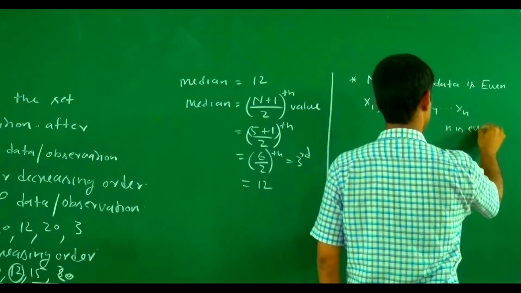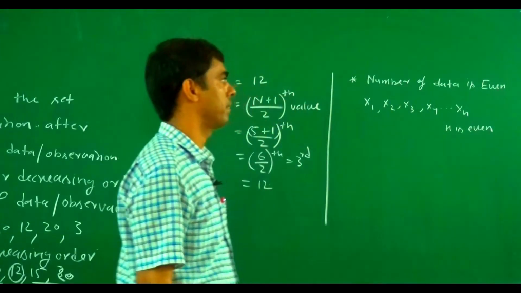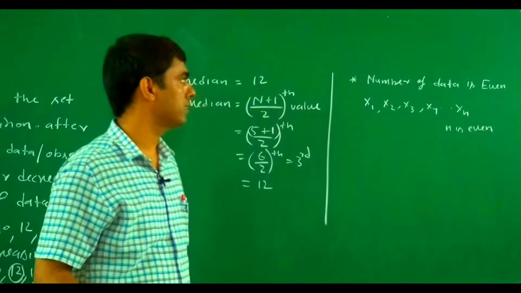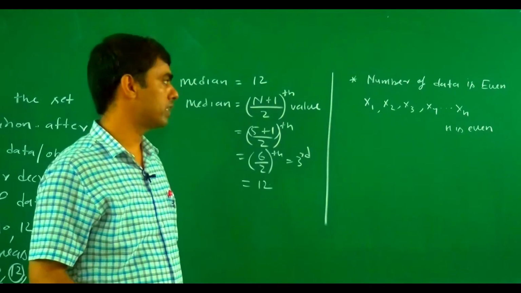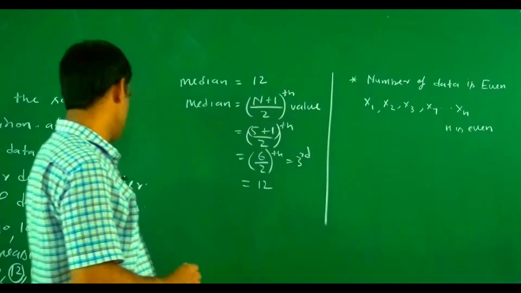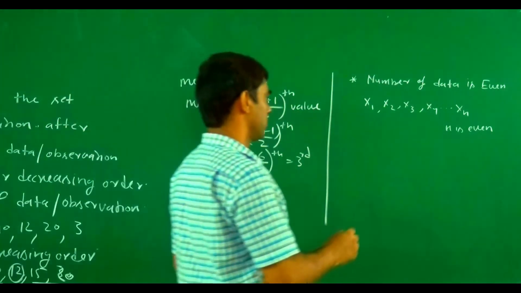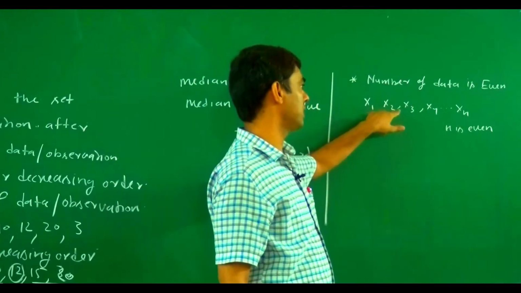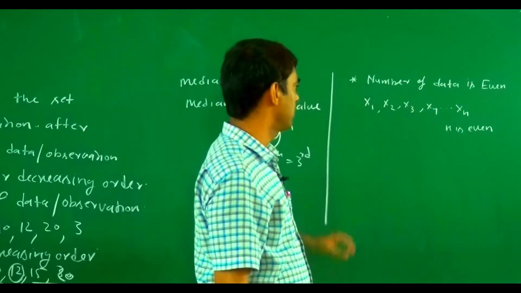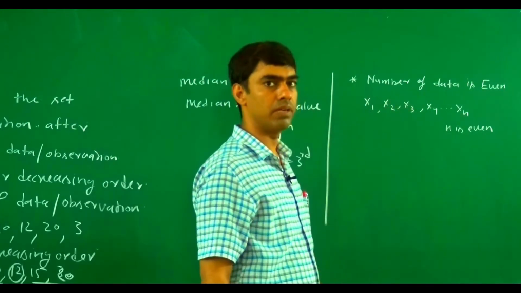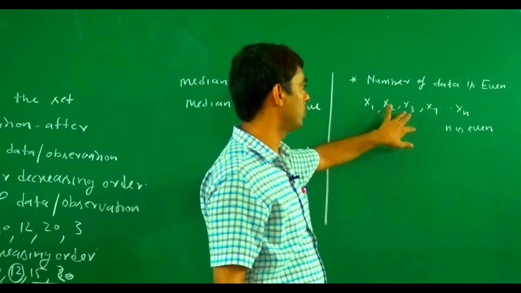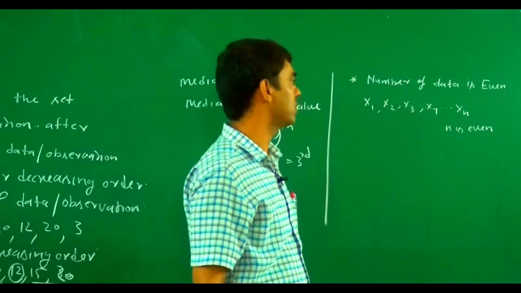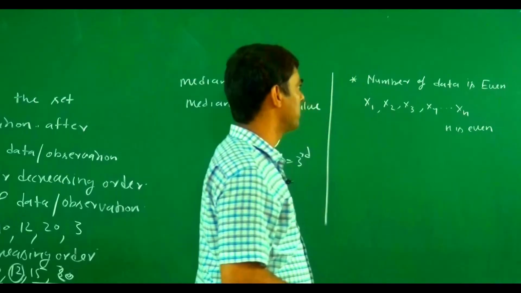So how do we find the median value? There are two median terms. Suppose there are 4 data: x1, x2, x3, x4. Then x2 and x3 are the middle values. We take the arithmetic mean of x2 and x3. Then we find the median when there is an even number of data.